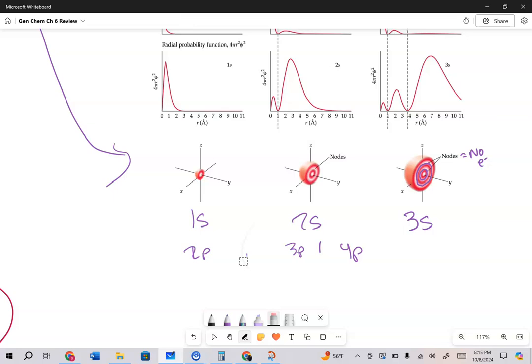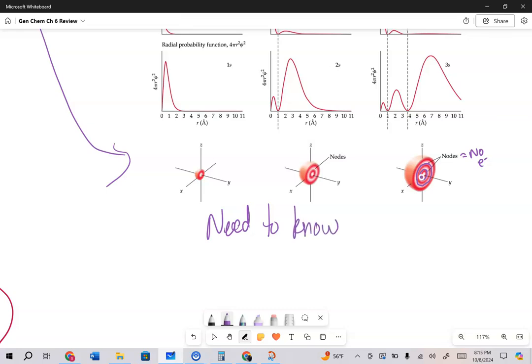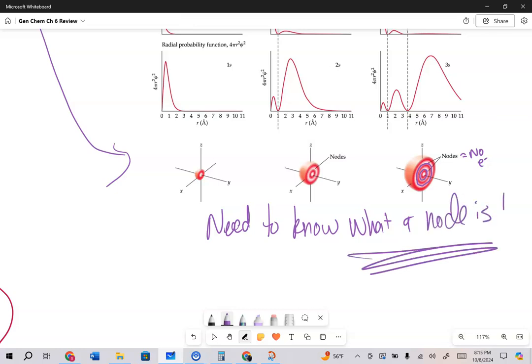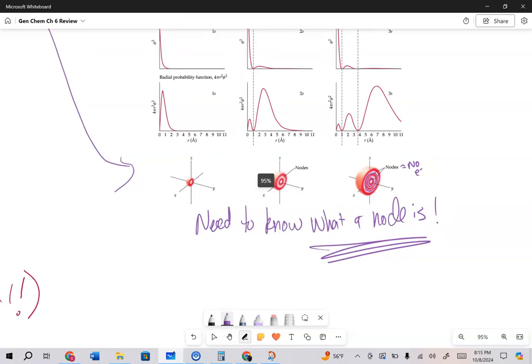I don't want you to worry too heavily about that, but I do think it's important that you understand what a node is. You definitely need to know what a node is. I will ask you that. I'm just going to tell you. Because it's a very important concept.